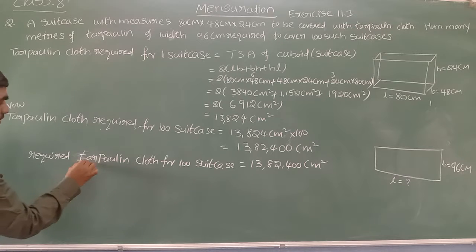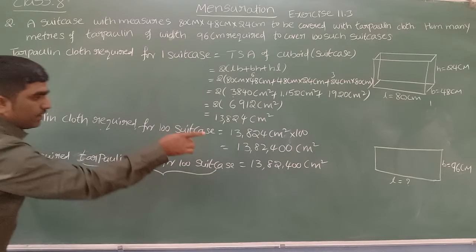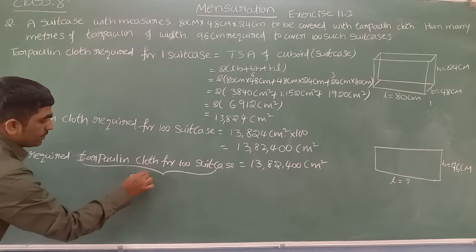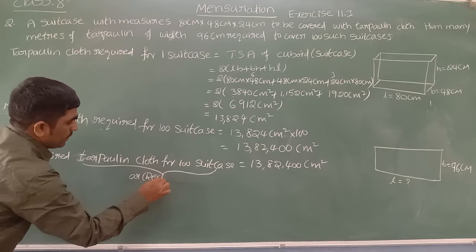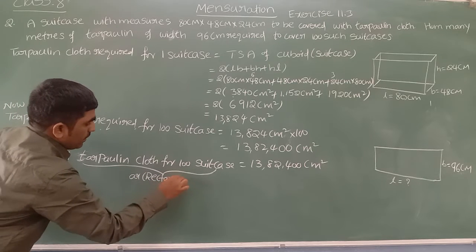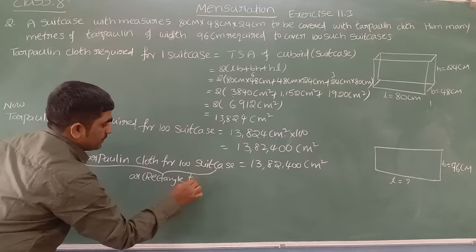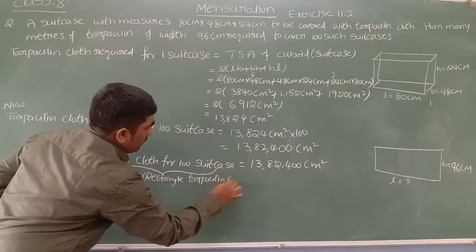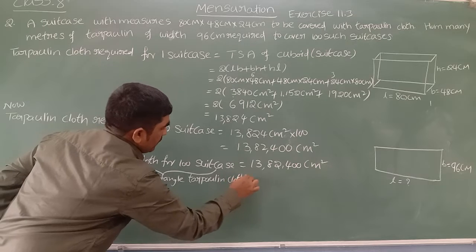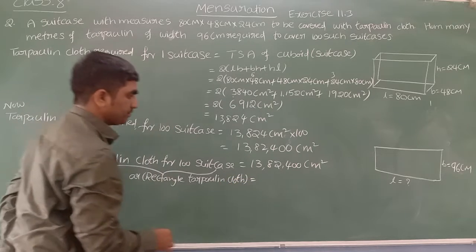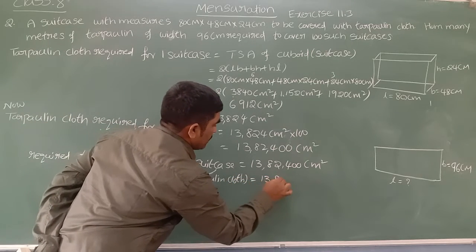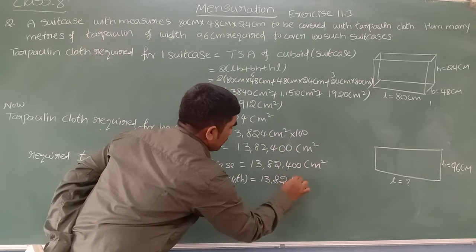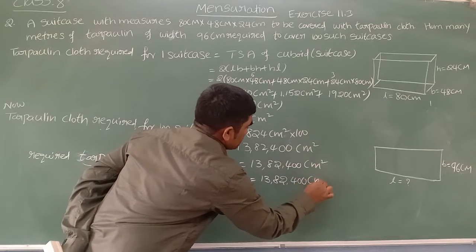So to know that, you can write the area of that rectangle tarpaulin cloth, which is equal to 13,82,400 square centimeters.